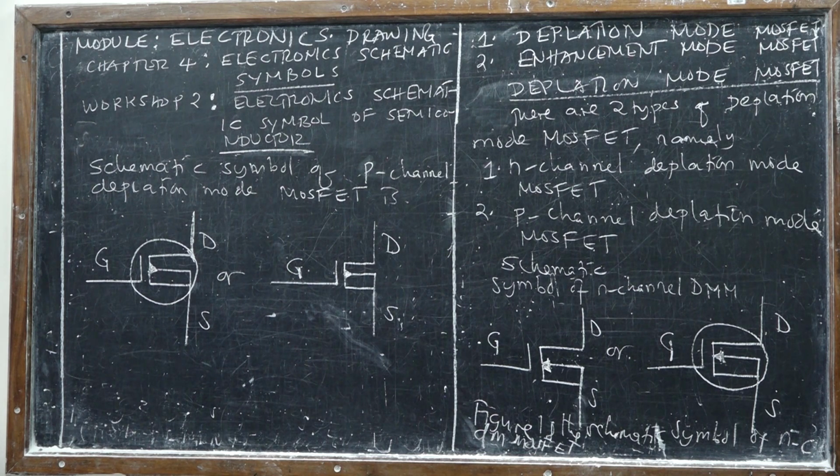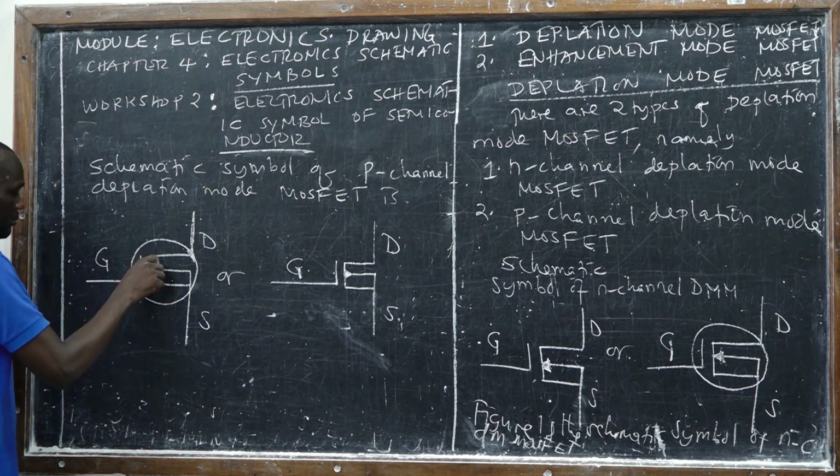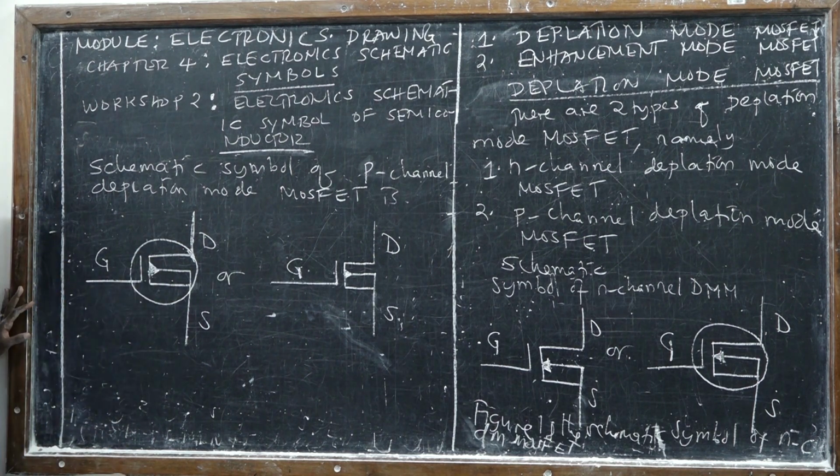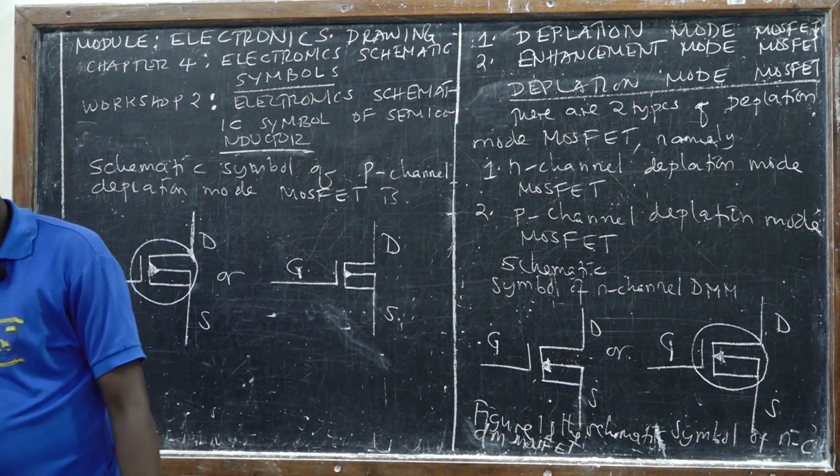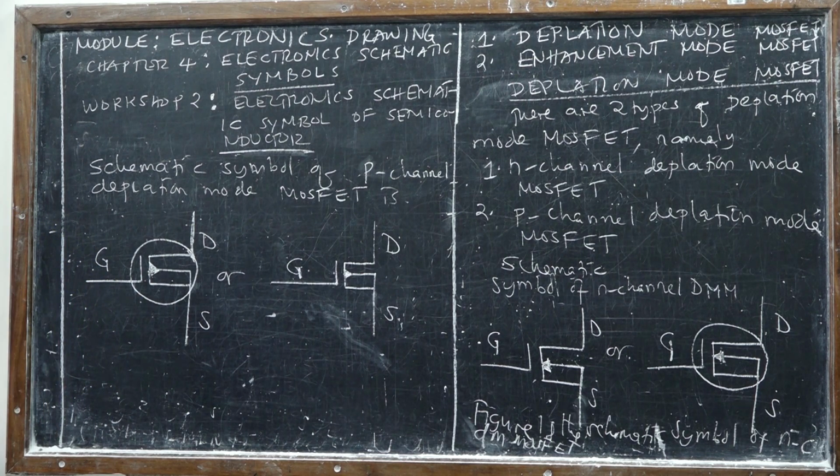Direction of the arrow. Directions of current or directions of volt? These are directions of current. So for the P channel, the current is always flowing outside of the transistor. For the N channel, the current is always flowing towards it.